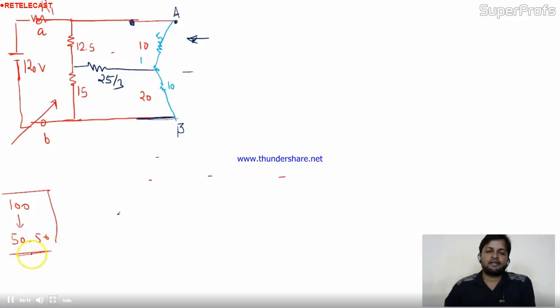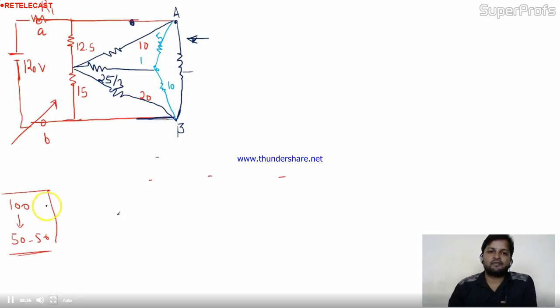Okay. So our task is, we'll convert this star into delta. This is the delta. Tell me the value of this delta RA. This RA is nothing but 5 plus 10 plus multiplication of both divided by the remaining branch, 25 by 3.